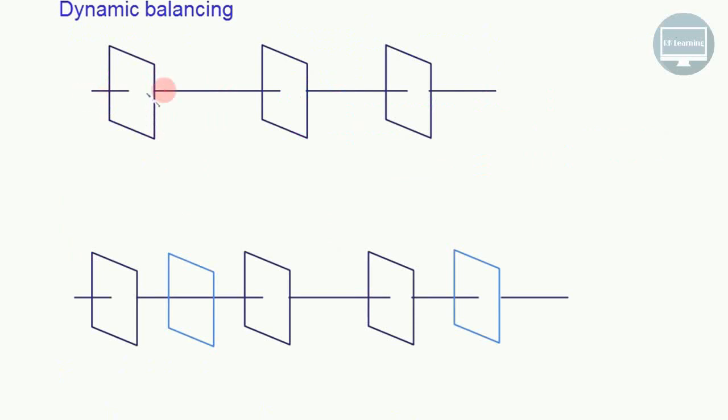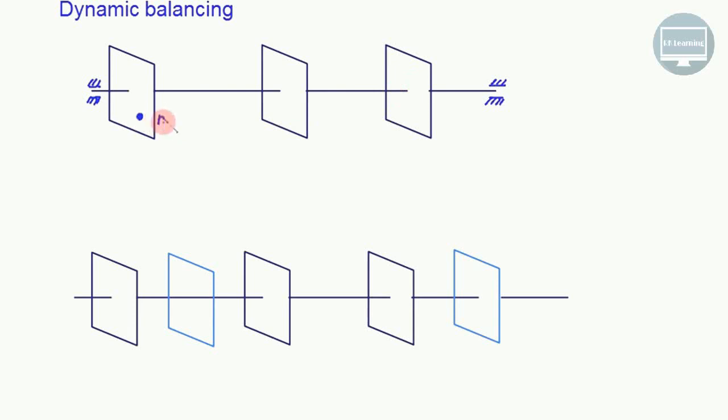Let's consider here one shaft, and we have three planes. These planes are transverse planes, and let's assume that they are supported at this end and at this end. Let's say we have three different masses of different magnitude at different radii. So let's say this is at this position.